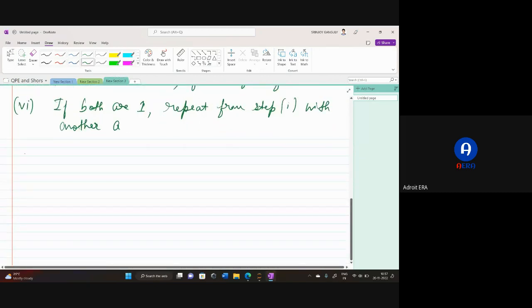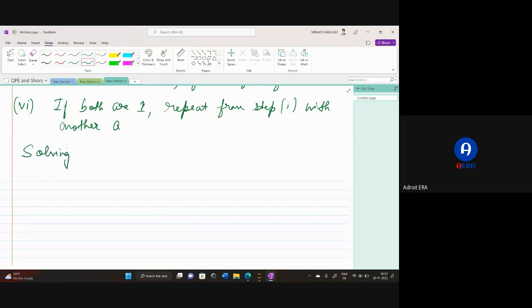So, solving an example using Shor's algorithm.